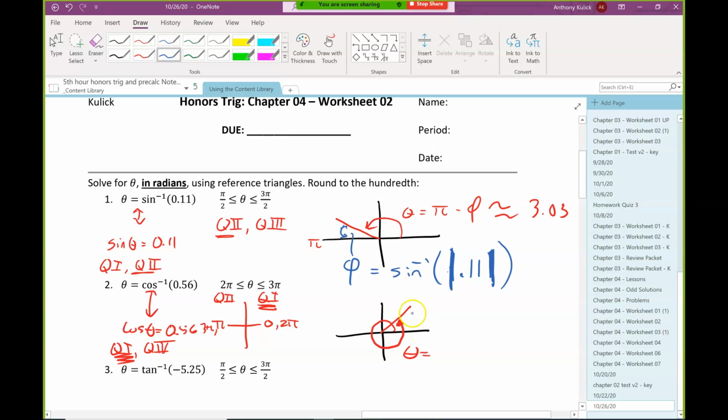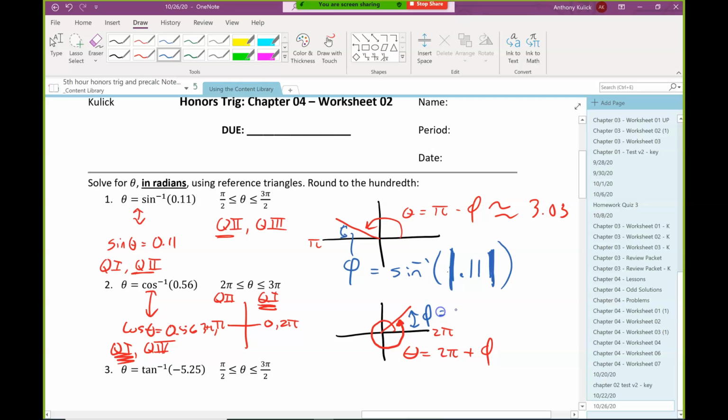So again, to find that angle, I'm going to be using this angle, phi. So this spot is 2 pi. So I'm passing 2 pi and going phi more.